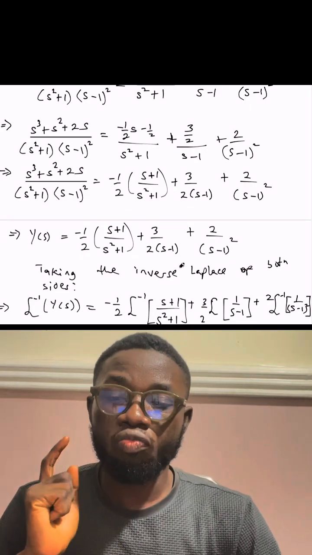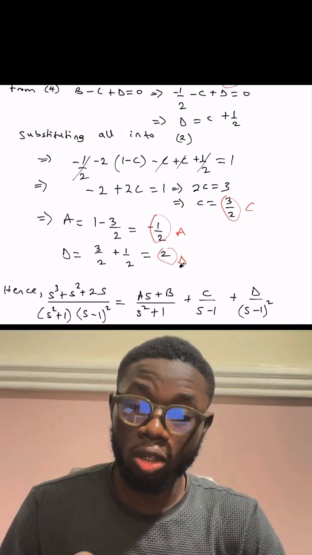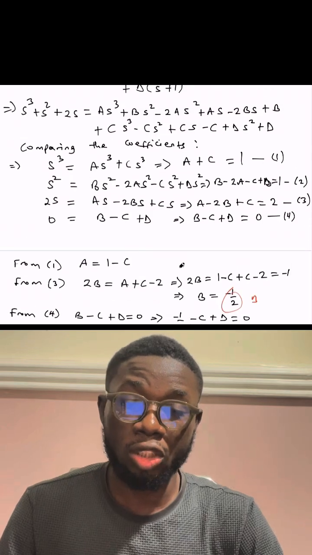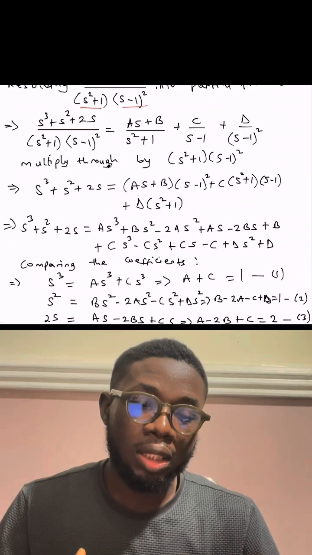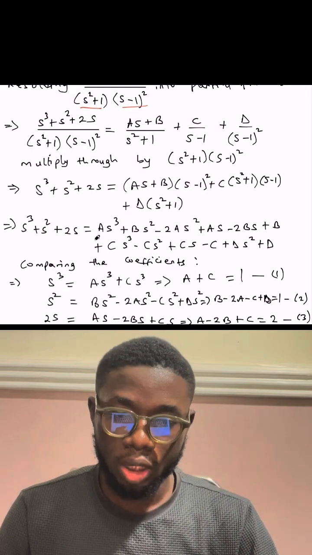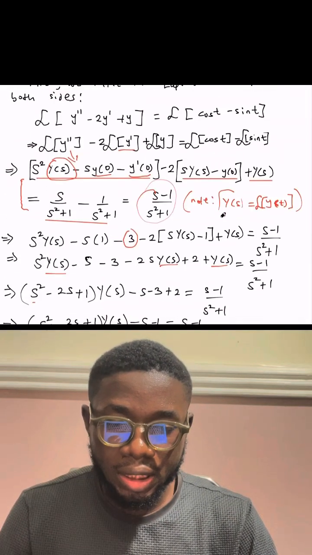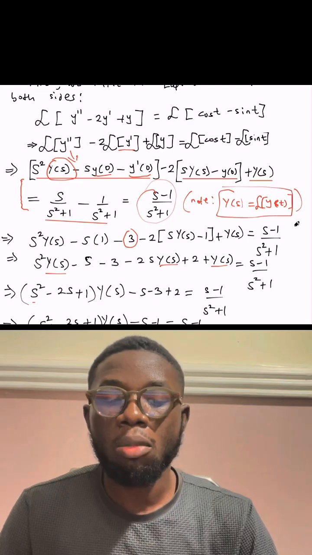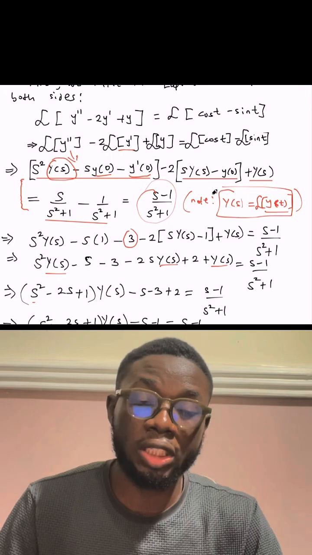But why do we actually have to resolve into partial fractions? It is because this y of s is the Laplace transform. Going back to what I said, y of s is a Laplace transform, but what we are solving for is y of t, which is the solution to the differential equation.